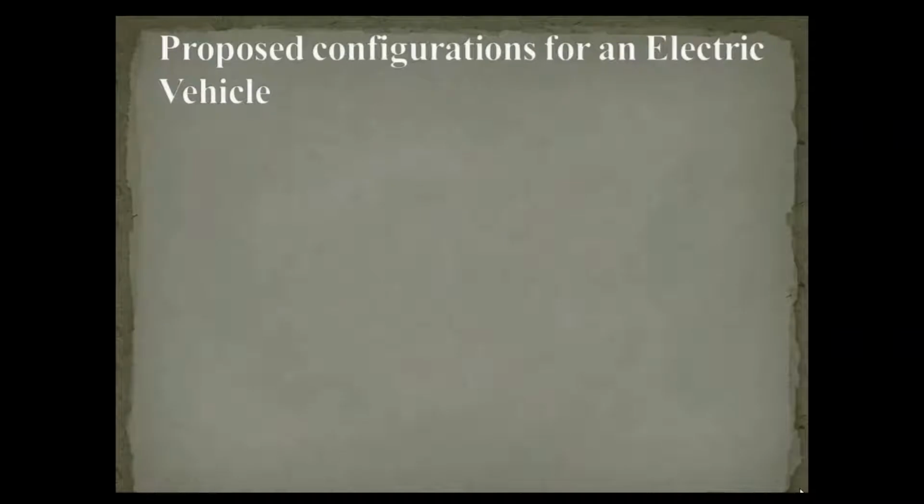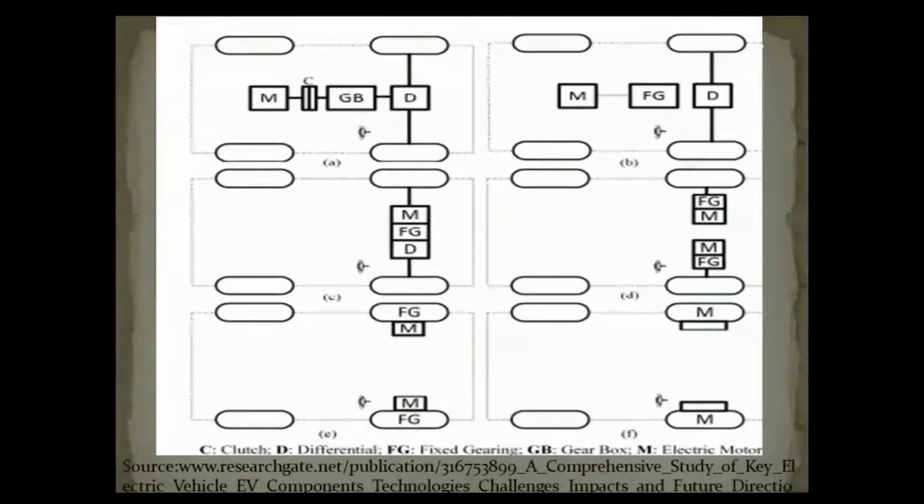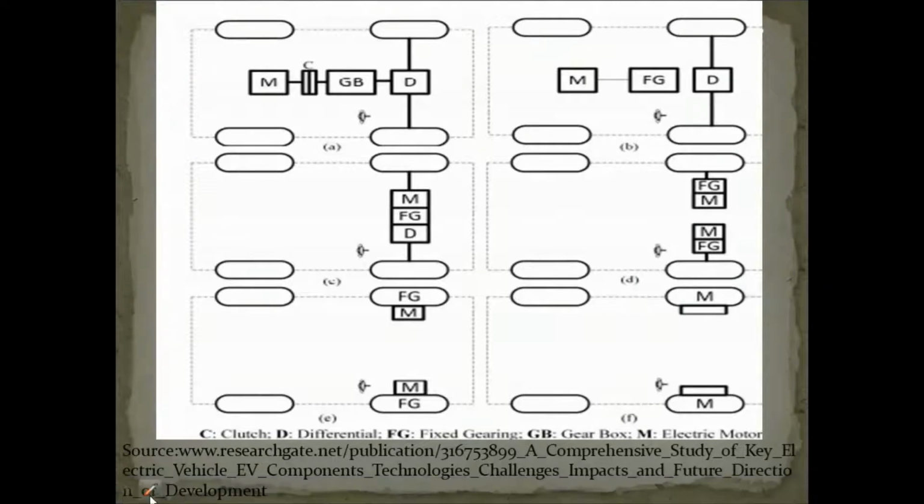Here are some of the proposed configurations of an electric vehicle. Here in figure A, it shows an image of front engine front wheel drive, where an IC engine is being replaced by an electric motor, while keeping the clutch and gearbox intact, allowing high and low torque at low and high speed respectively.